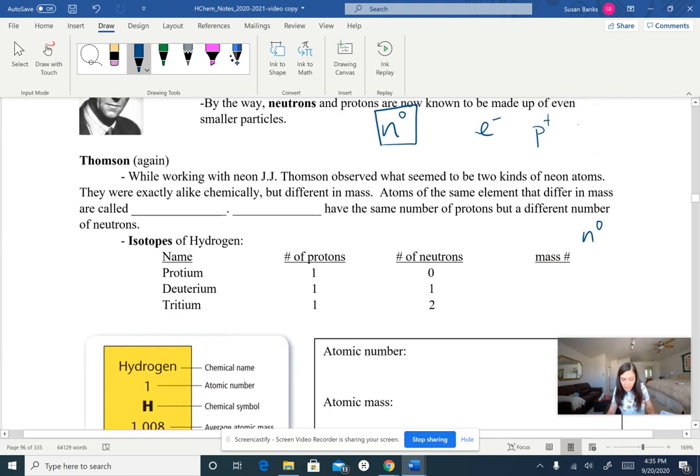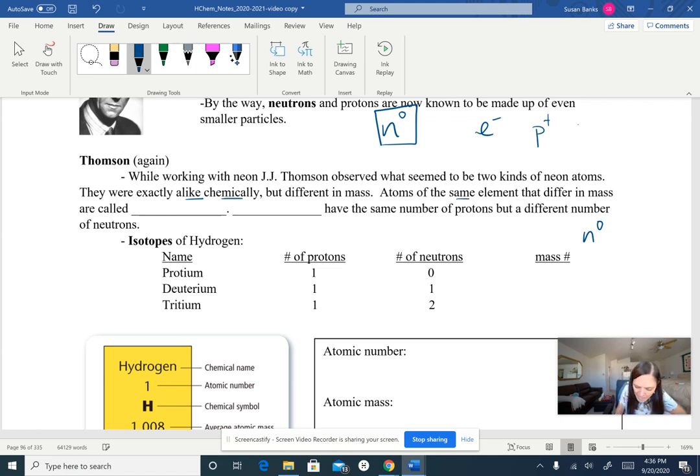J.J. Thomson, again, was working with what seemed to be 2 different types of neon atoms. They were exactly alike chemically, but they were different in mass. Now remember, Dalton said that elements, if they were the same, had to be the same mass. But Thomson found that they act like neon, but they have different masses.